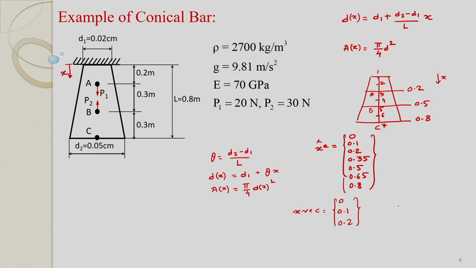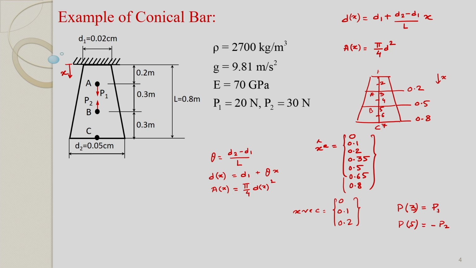So, the point loads we have are at node 3, which is P1, and at node 5, which is minus P2. This sign should be consistent with our coordinate direction, because our coordinate direction is downward positive.